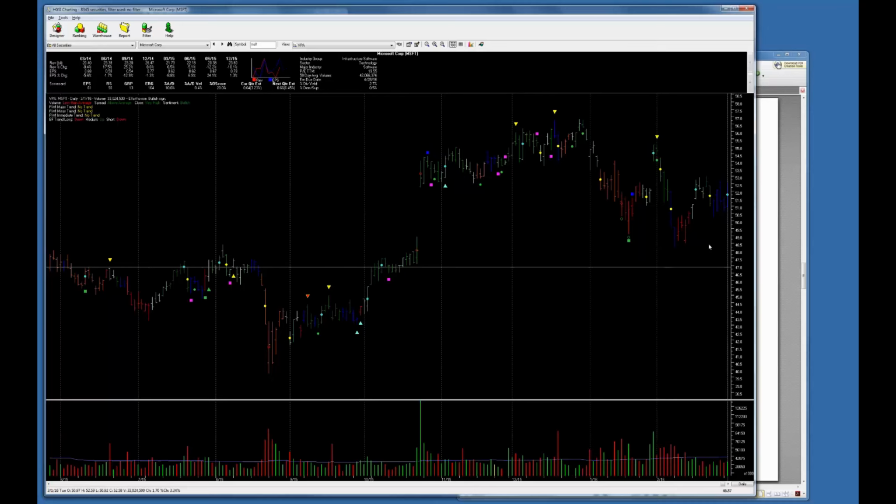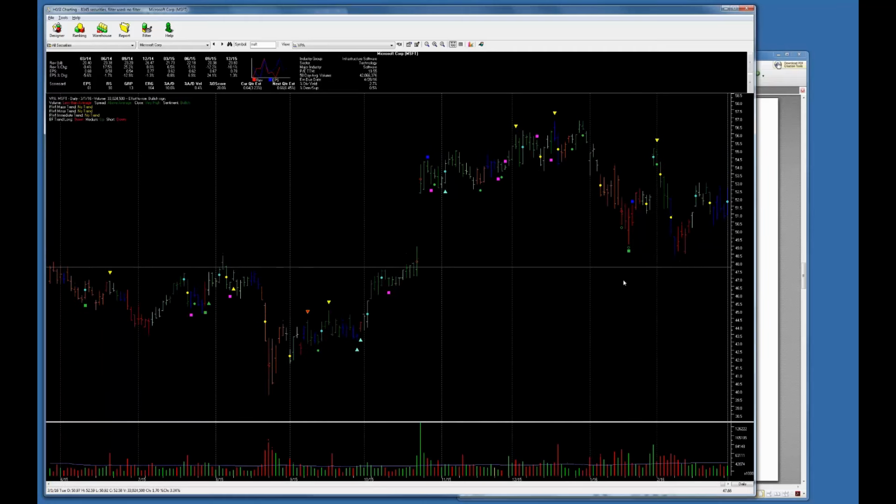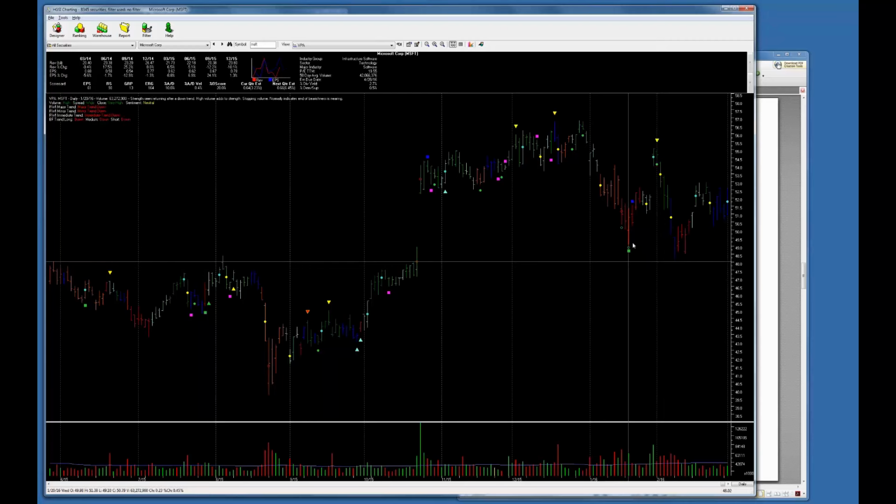Once you've got a view like this set up, it's pretty easy to quickly see the events. The VPA, as a rule, and this isn't completely true, but mostly, when the flags are drawn below the bar, it means there's some sort of stopping resistance going on there.